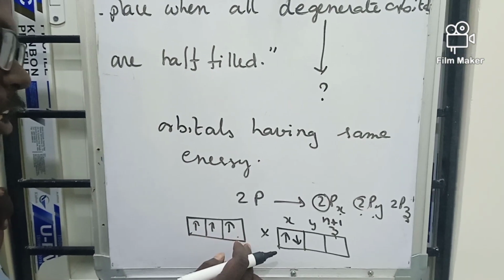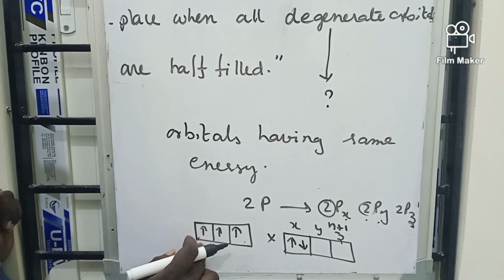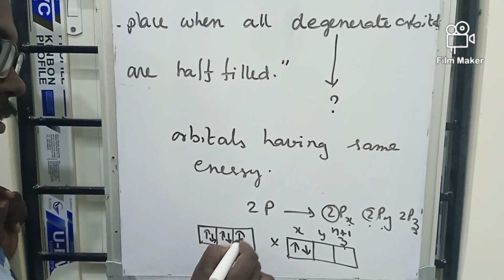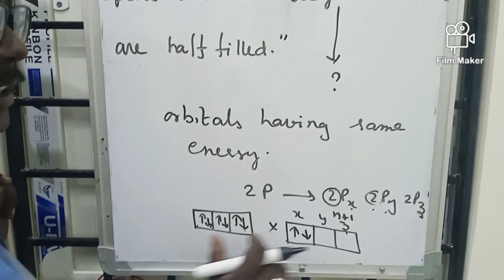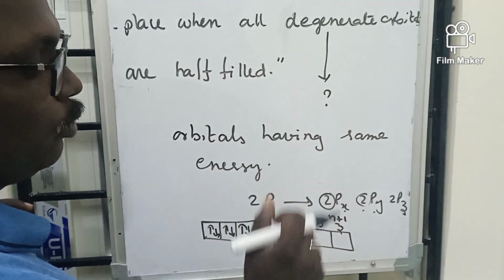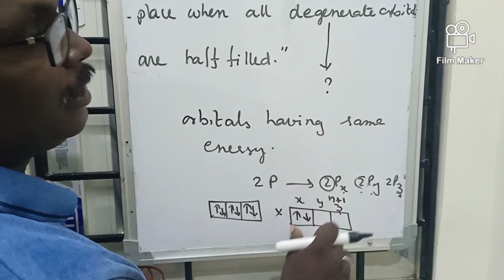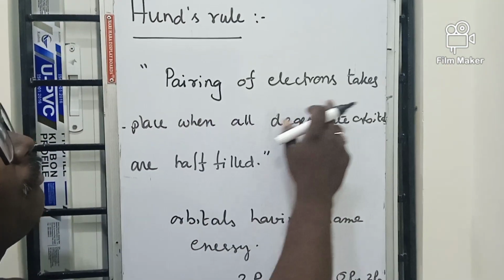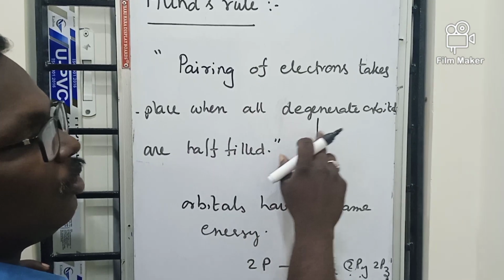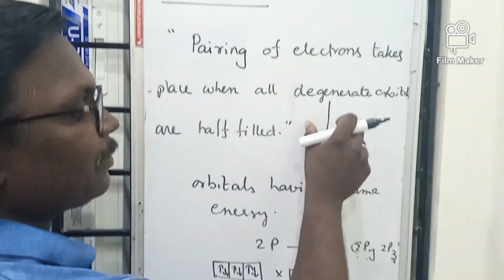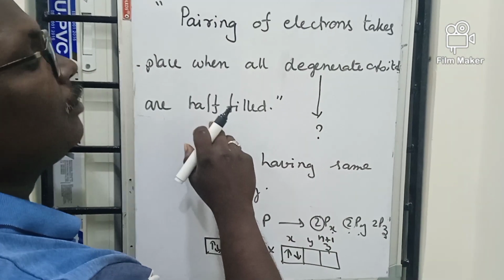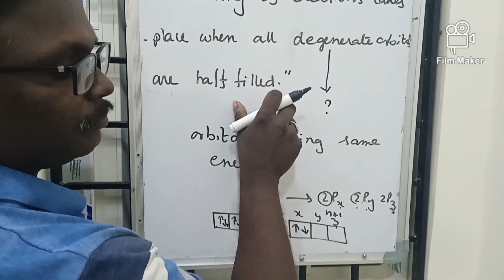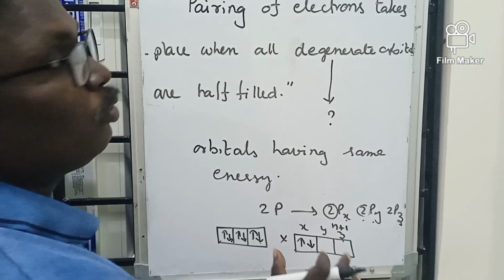After filling 3 electrons, pairing starts with the first one, then afterwards this one, afterwards this one. So this is the systematic way. According to Hund's rule, the electron has to fill in the degenerate orbitals. So once again, pairing of electrons takes place only when all degenerate orbitals, same energetic orbitals, are exactly half filled. So this is Hund's rule.